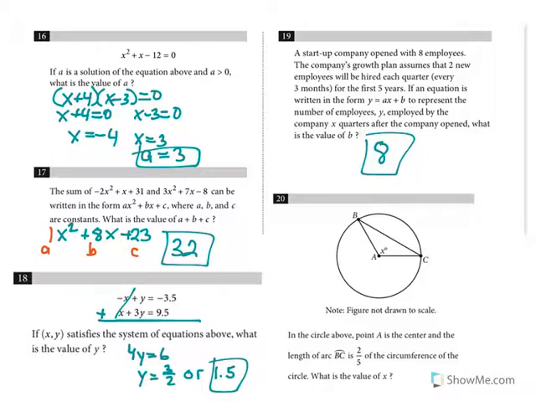So arc BC is 2/5 of the circumference. That's 40%. So we know BC is equal to 40% of 2 pi r, or the circumference. So that means that angle x degrees equals 40% of 360.